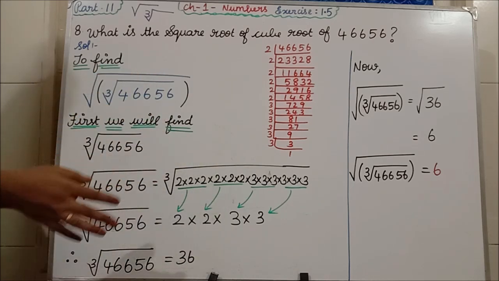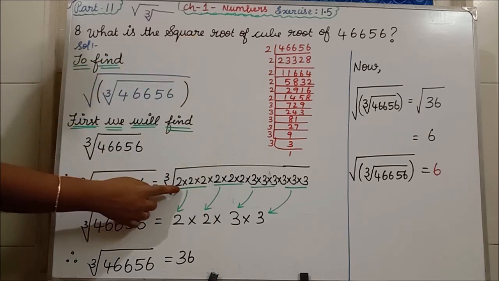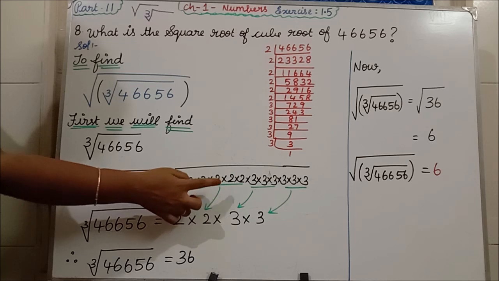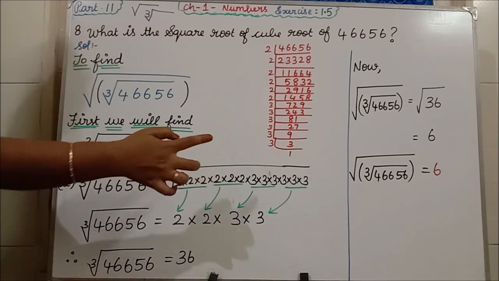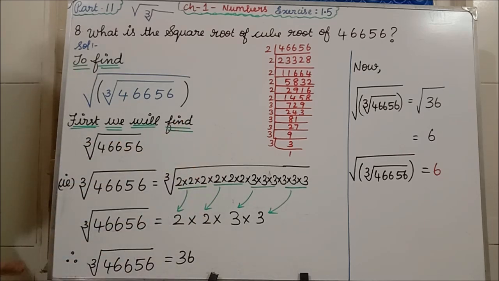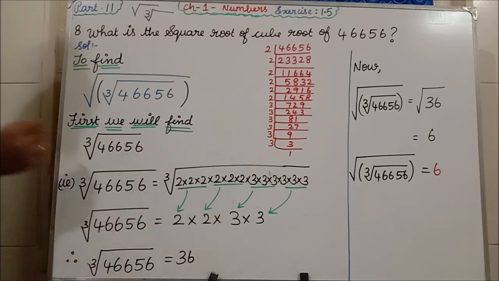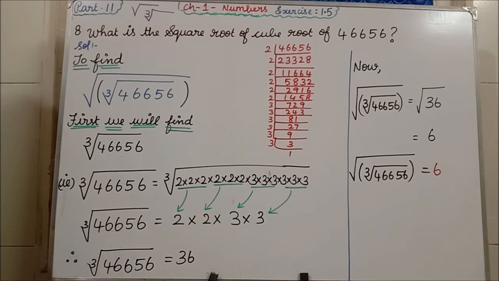So now we will go for the factors. What factors are we getting? 2 into 2 into 2 into 2 into 2 into 2, 3 into 3 into 3 into 3 into 3 into 3. Clear? For 2 we are having correctly three 2s, correctly three 2s, correctly three 3s and last correctly we are having three 3s.